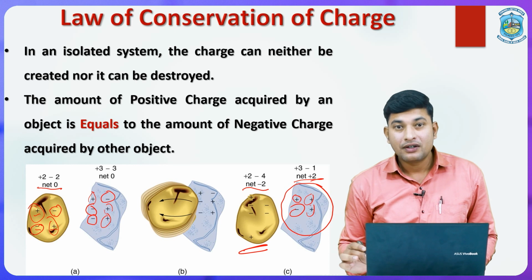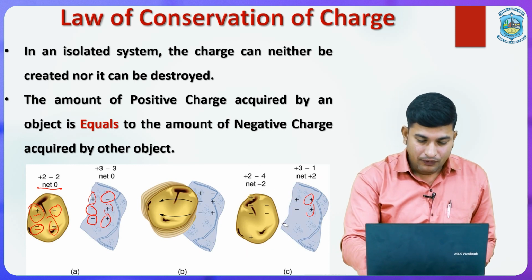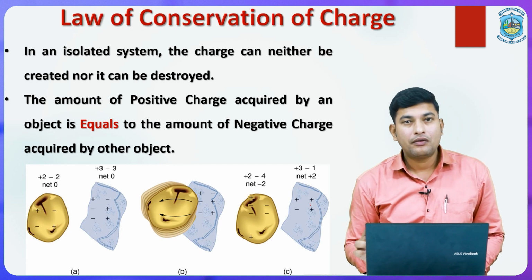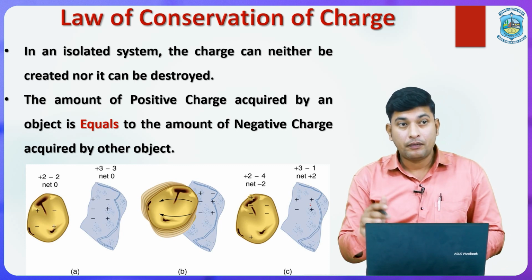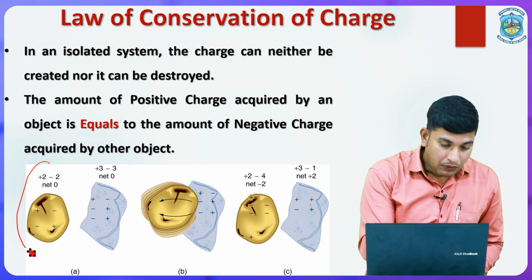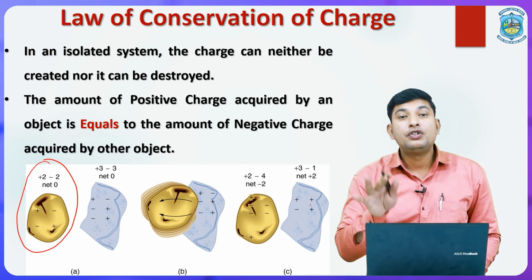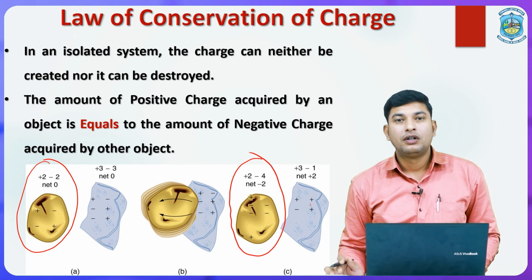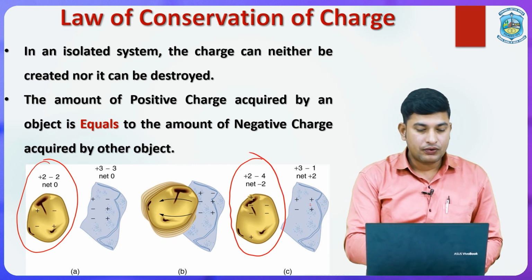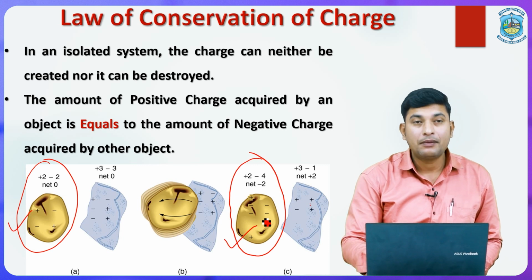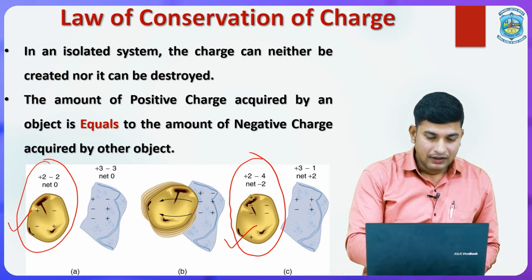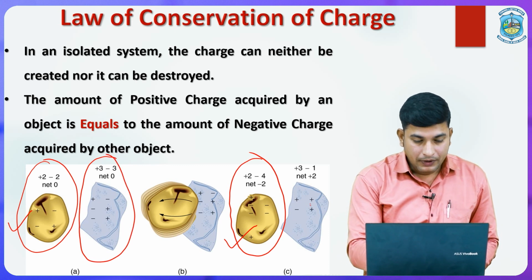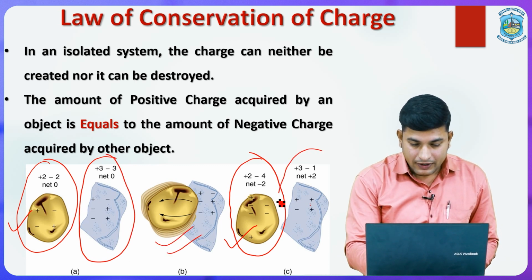Overall, what happened in this phenomenon: before, it had net charge 0 and now it has net charge -2. So after this rubbing process, this object becomes negatively charged, and this particular cloth, which had net charge 0 before, has net charge +2 after the rubbing process.